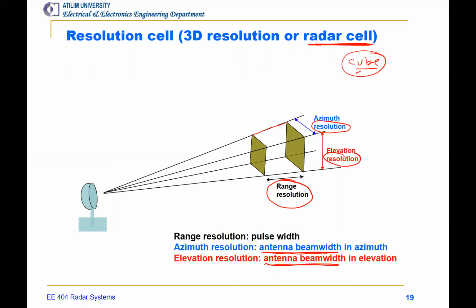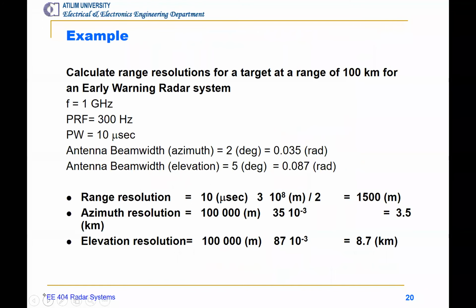So here is the radar cell. This is just like a cube, not exactly a cube, just a volume in space, okay? Now, in the next slide, we'll be showing how to calculate that.